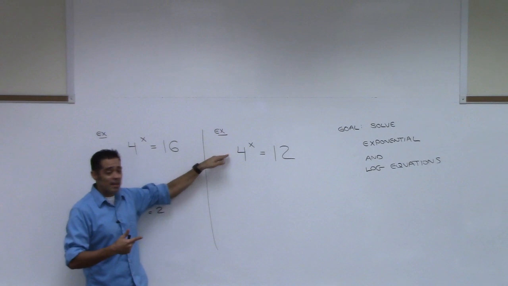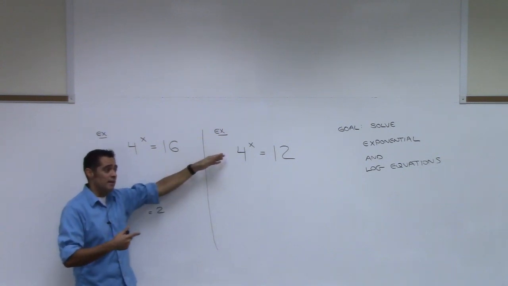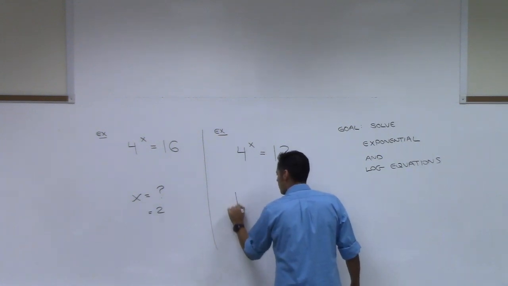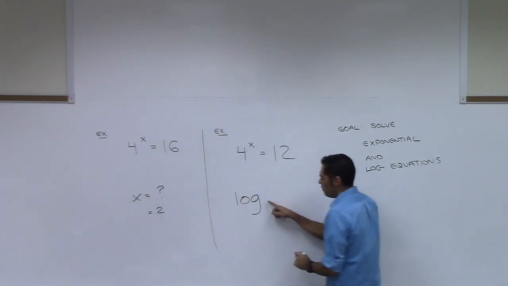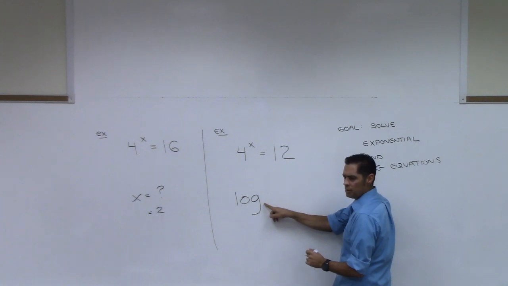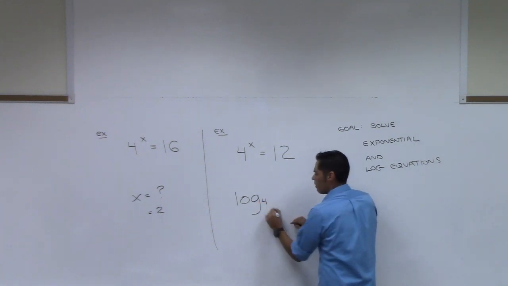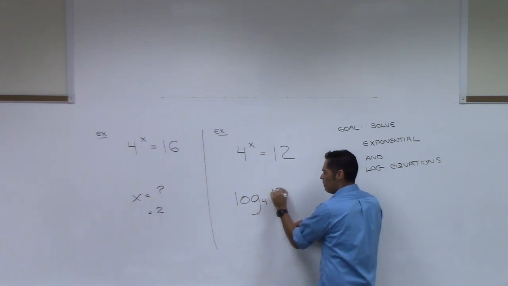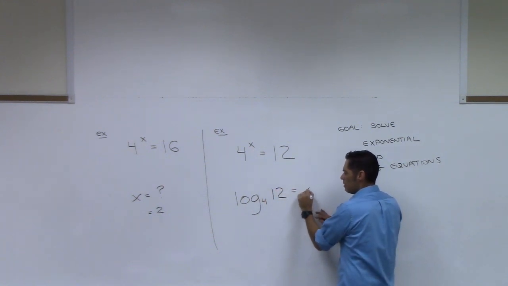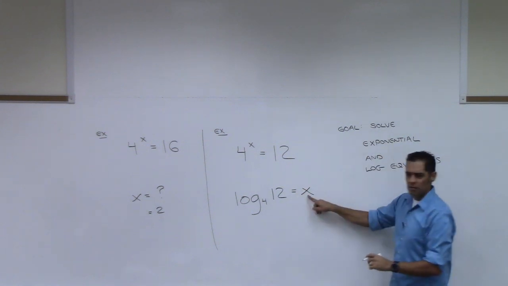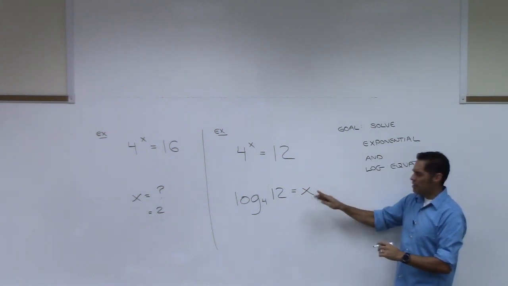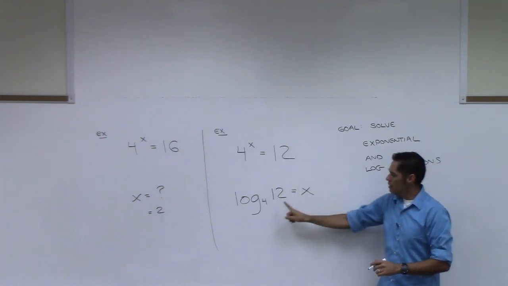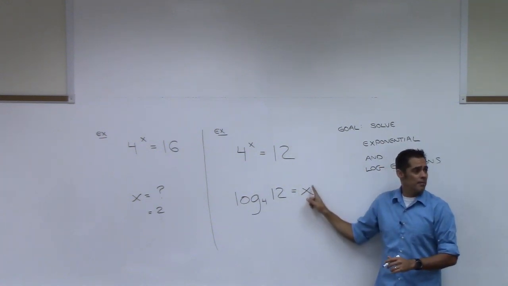So maybe I can rewrite this using a log instead. Let's see if we can reformulate this with a log. Log, what would I put down here for the base? 4, right? And then what here? 12 equals x. Isn't this equation equivalent to that question? 4 to what power is 12?